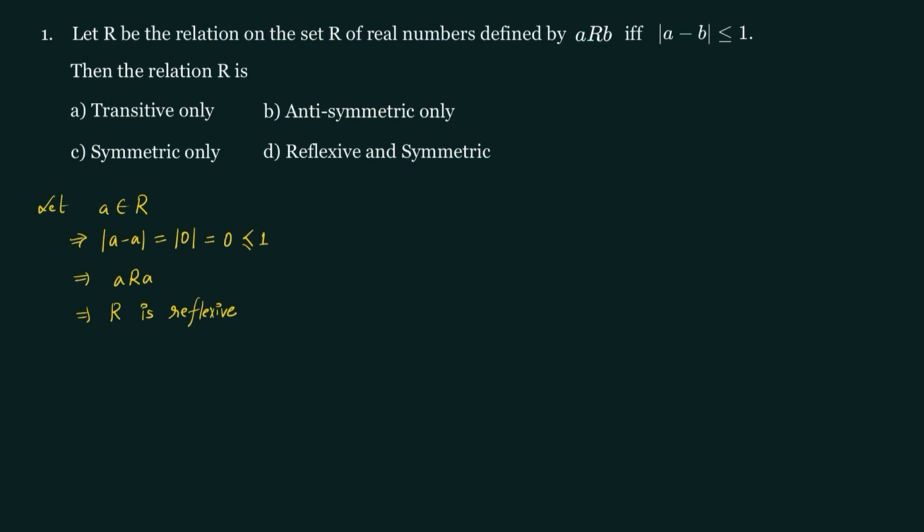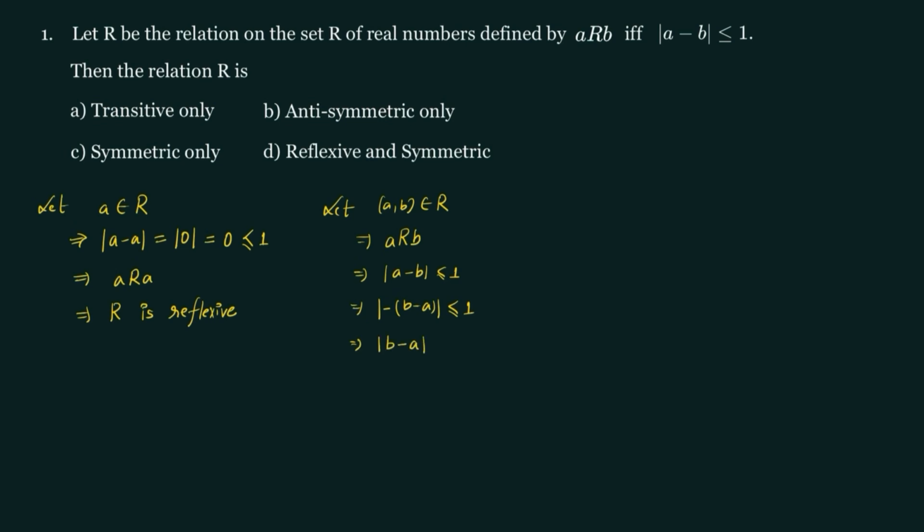Second, let us check whether the relation R is symmetric or not. For that, let us assume an element A comma B from the relation R. Then A is related to B, and from the definition of the relation, modulus of A minus B is less than or equal to 1. Now let us take out minus common, then it will be modulus of B minus A, which is less than or equal to 1, since the modulus of any negative number will be positive.